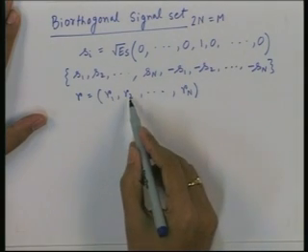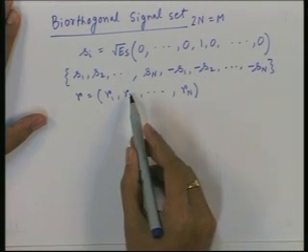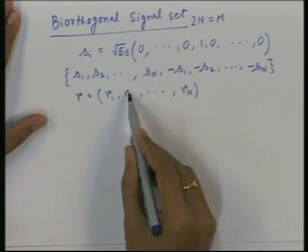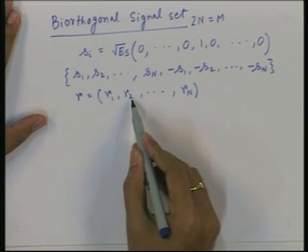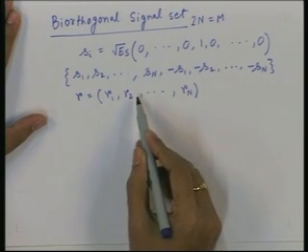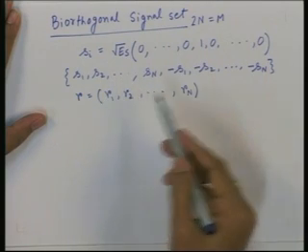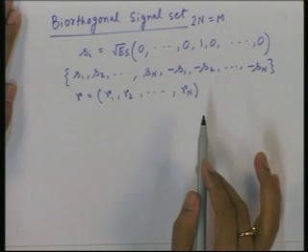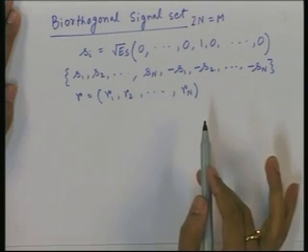Suppose the absolute value of Ri is maximum; then if Ri is positive we detect Si, and if Ri is negative we detect minus Si. So, that is the simple detection rule, and that is the ML detection rule.